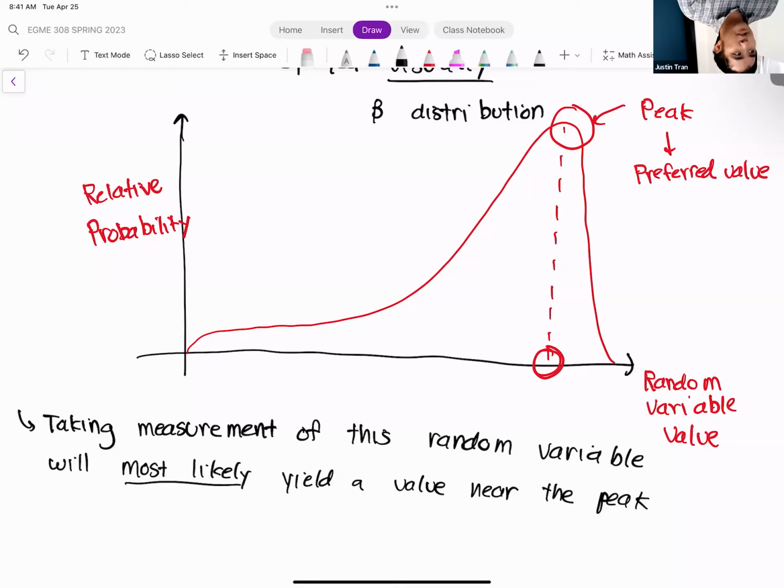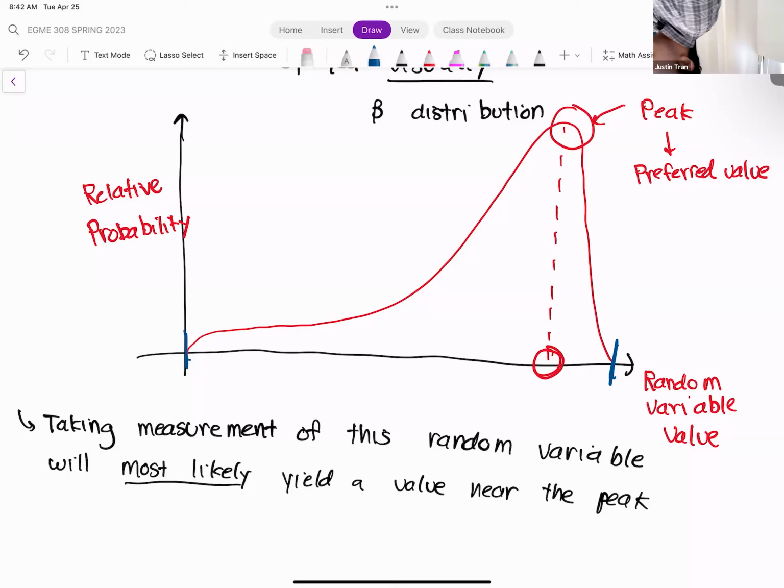But this probability density function is comprised of more than just a peak. We have other parts of the function. On the one hand, you can see that this one in particular, the beta distribution, is bounded. There are places where the probability density function reaches a value of 0. Whenever the probability density function has a value of 0, that means our random variable has no chance of being measured at that point.